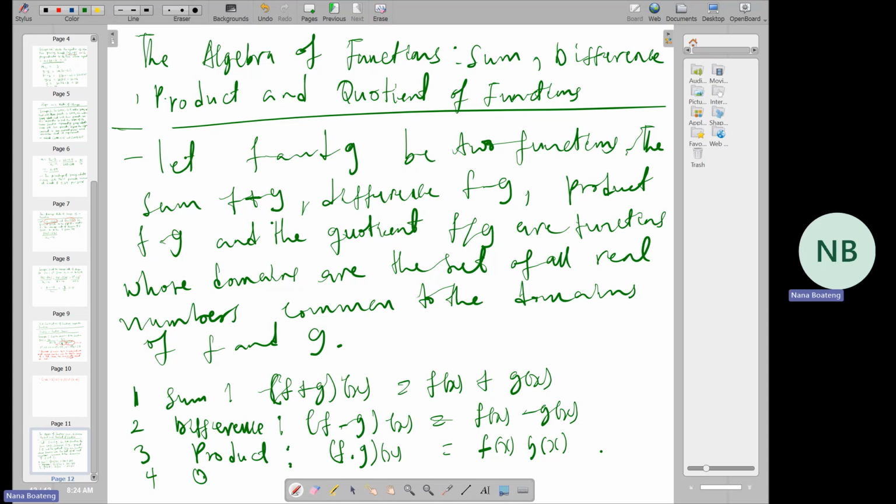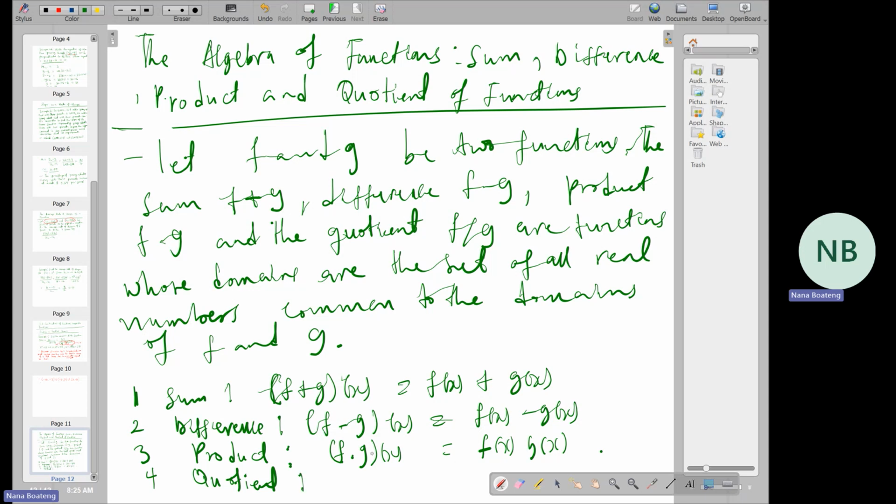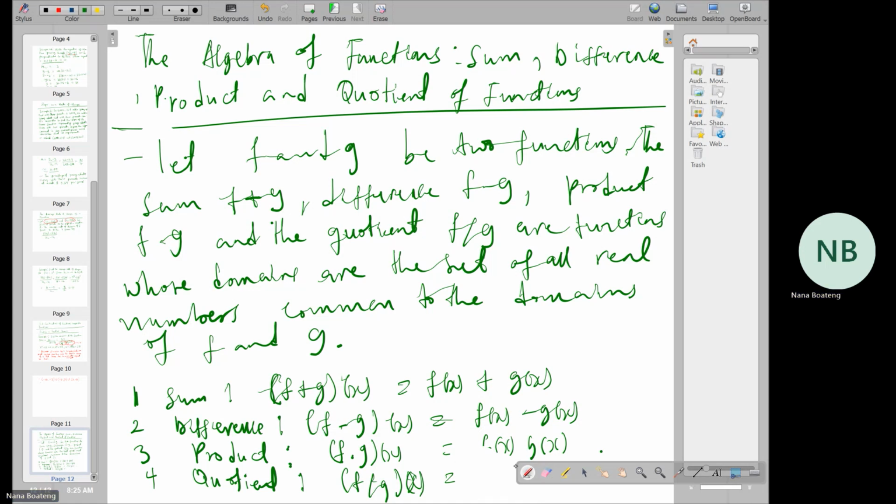And for the quotient, f divided by g of x is equal to f of x divided by g of x. All right, so let's look at some examples.